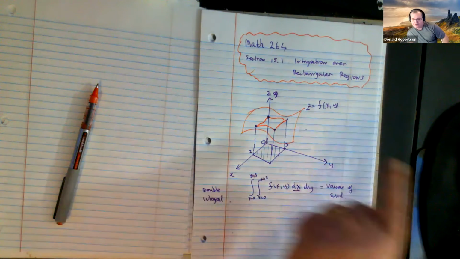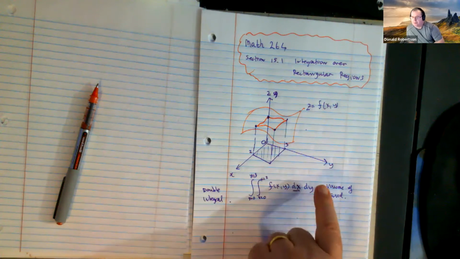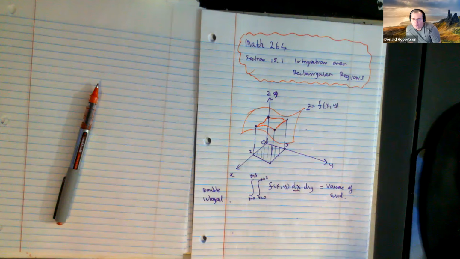Now, weird things happen. If this surface is below the XY plane, this will be a negative number. So although I'm calling it a volume, and it is in one respect a volume, negative numbers can and do happen. But don't you have areas under curves that could be 0 and could be negative, right?